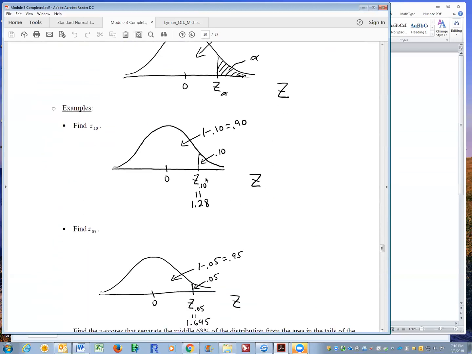So if you wanted to find Z sub 0.10, that's finding the Z score that has a right area of 10% and a left area of 90%.